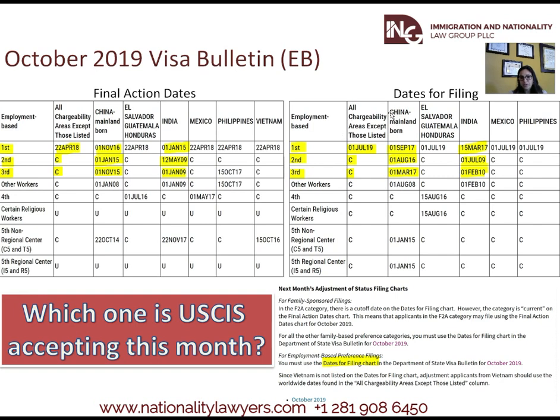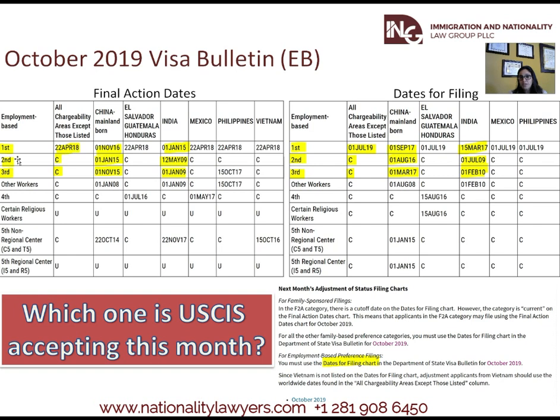In contrast, if you are abroad, for example, and you have to go through the consular filing, if you are a citizen from Brazil, the consulate, the NVC, will only issue a fee bill if your priority date is April 22nd, 2018 or before.